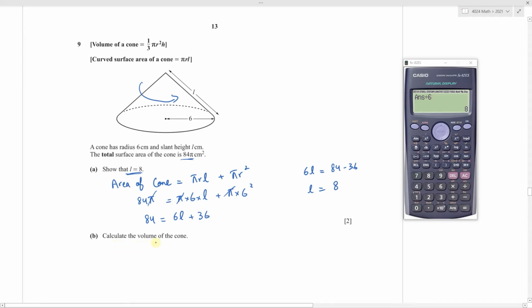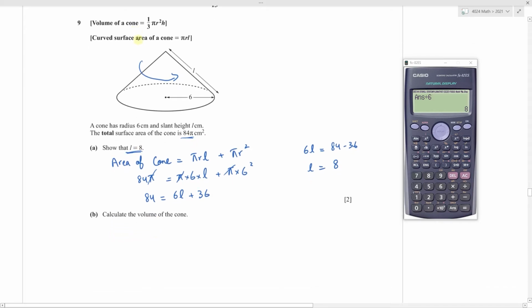Calculate the volume of the cone. So you're given the formula for the volume already. Volume will be 1 by 3 into pi into r square into h. Now h is the perpendicular height of the cone, and this is a right angled triangle. So I can find h because I know the length L and this length 6.